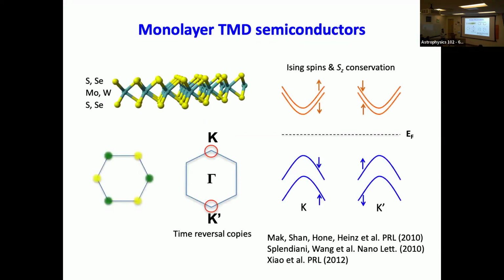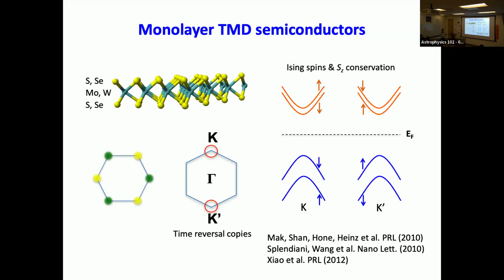So let me then tell you about the materials that we use to realize these phases: moiré semiconductors. This is the constituent, the building block material, a monolayer of TMD semiconductor. If you look from top down, it has a honeycomb lattice structure like graphene, except that the two sublattice sites are now occupied by different atoms.